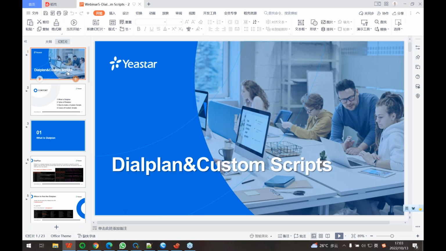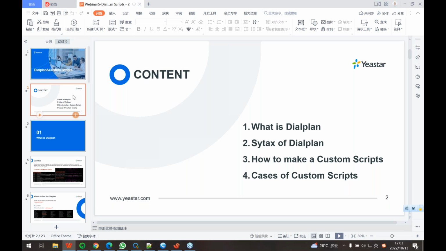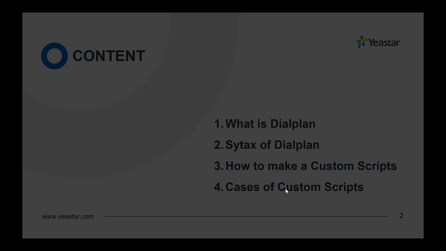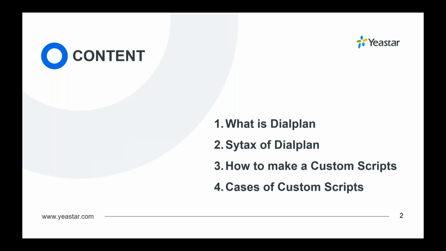Here is the agenda of today's course. There are 4 parts. Firstly, we will learn what the Dialplan is and how to find this file in our PBX. Secondly, I will introduce the syntax of the Dialplan.